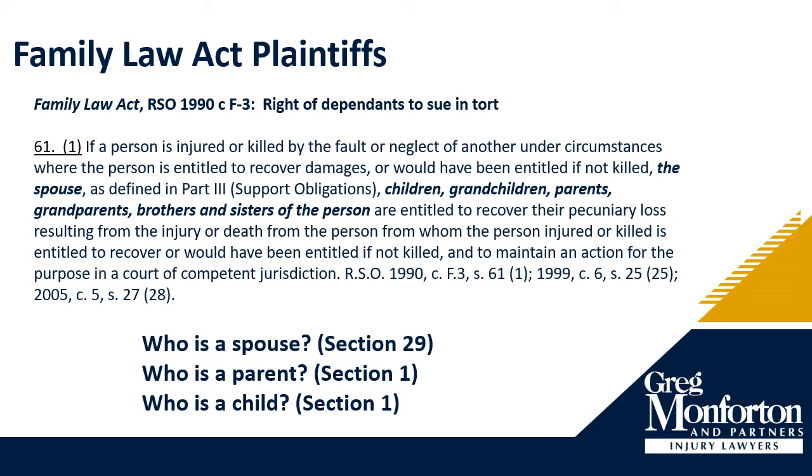You can see from this section and what I have highlighted in bold that the family members to be included are the injured party's spouse, children, grandchildren, parents, grandparents, brothers, and sisters.